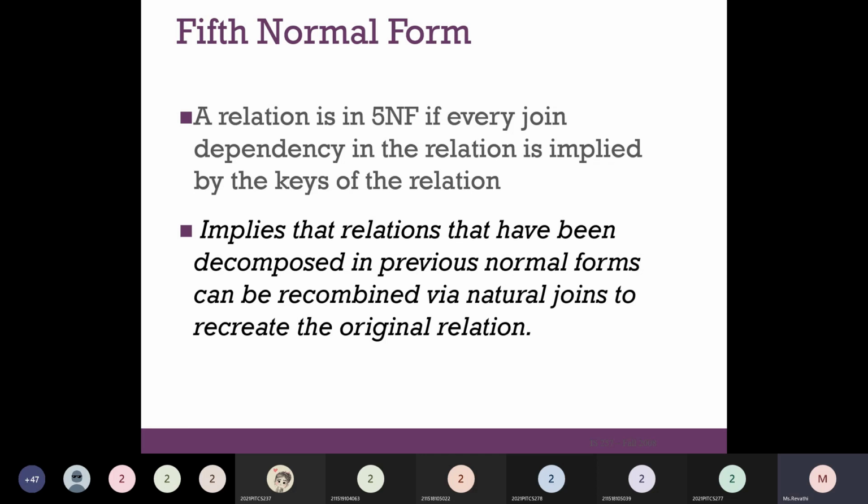This implies that relations that have been decomposed in previous normal forms can be recombined via natural joins to recreate the original relation.